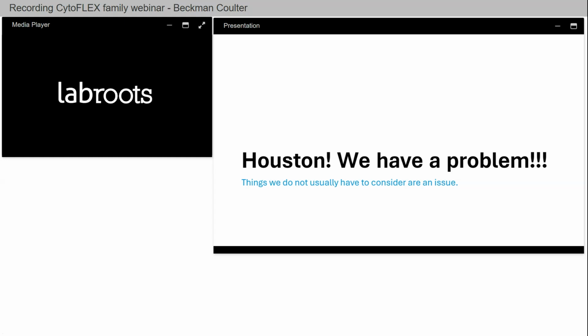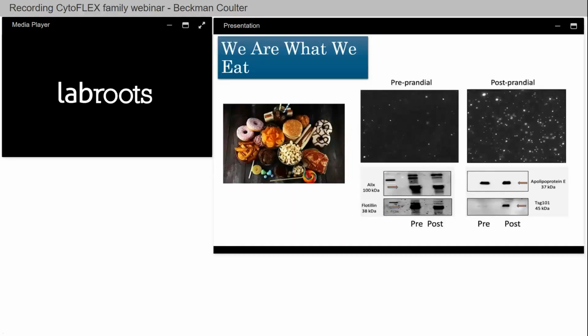So things that may not have been at the front of our minds when setting up a methodology now become major issues. Just for a few examples, the all important saying: we are what we eat. This is something I've pointed out in previous talks, and it keeps coming to the forefront, in that depending on what you eat, we may see things that are representative of nanoparticles that are not.